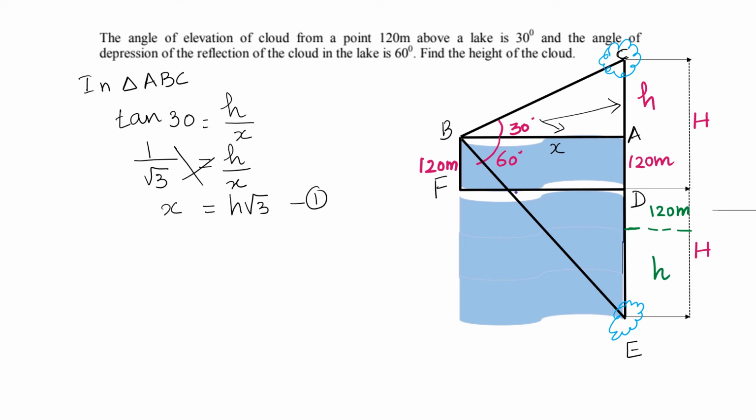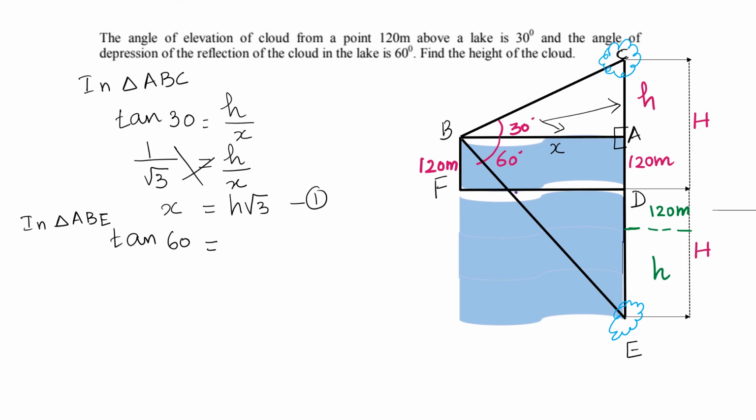Now we are going to find tan 60. Where is tan 60 coming? In triangle ABE, where this is 90 and this is 90.